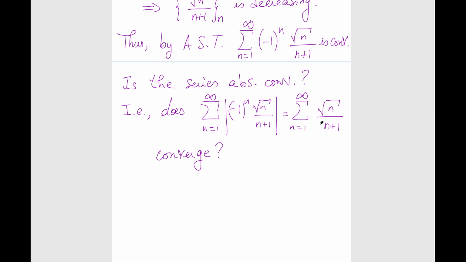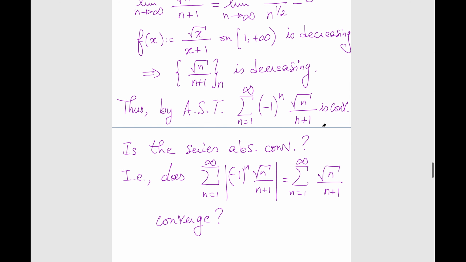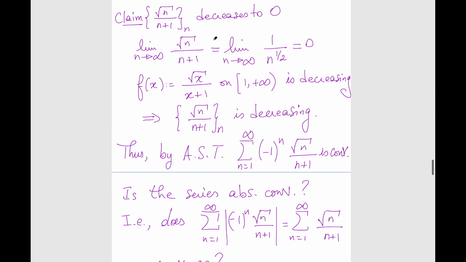And how about we use the limit comparison test to compare it to another series, which is what? 1 over square root of n. Okay, because look, the leading term here is square root of n divided by n, and if you take this ratio, this is n to power half downstairs. We talked about this before.